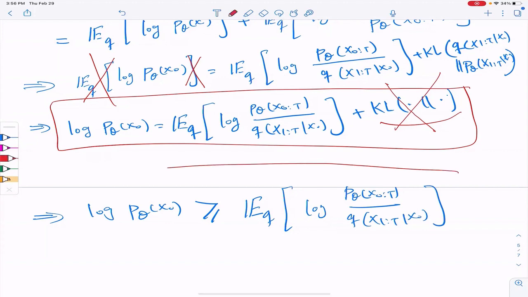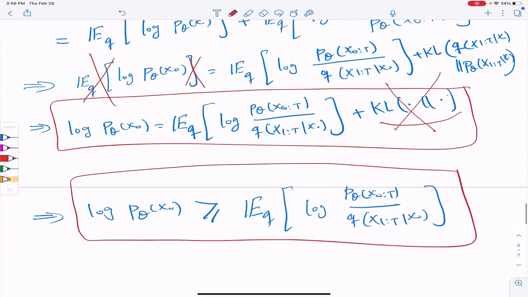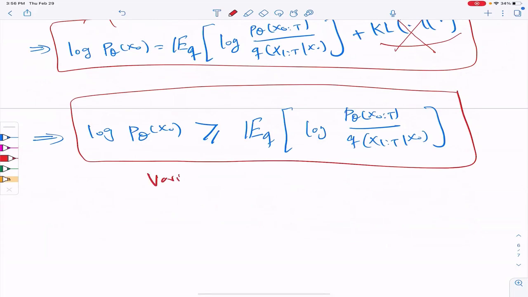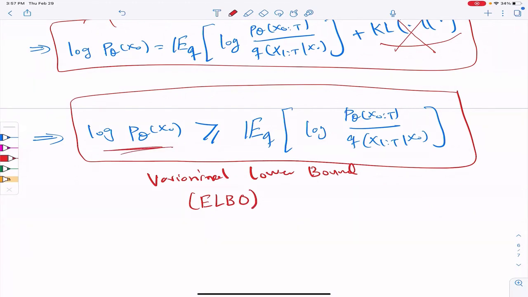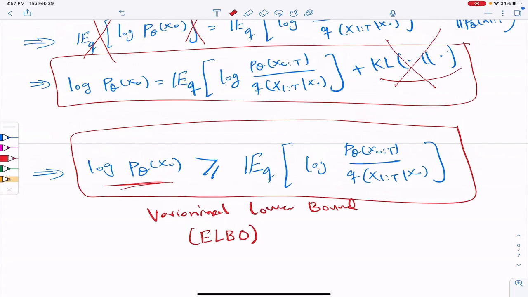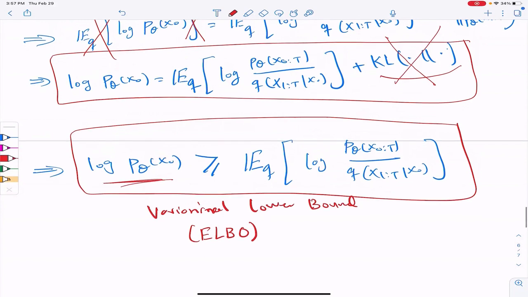That's the evidence lower bound, or ELBO, on my log likelihood function. I simply massaged my log likelihood to get a KL term that is troublesome for me and dropped it, a similar technique to what we used for the VAE.